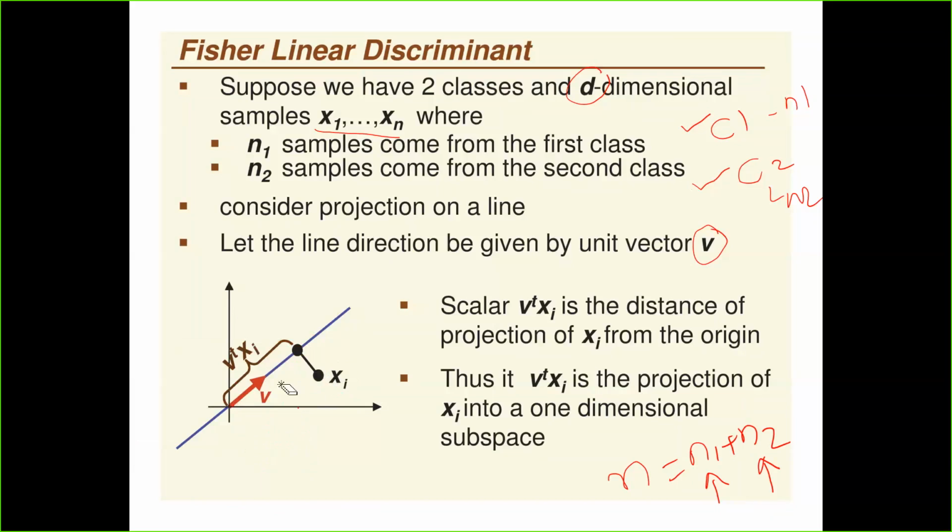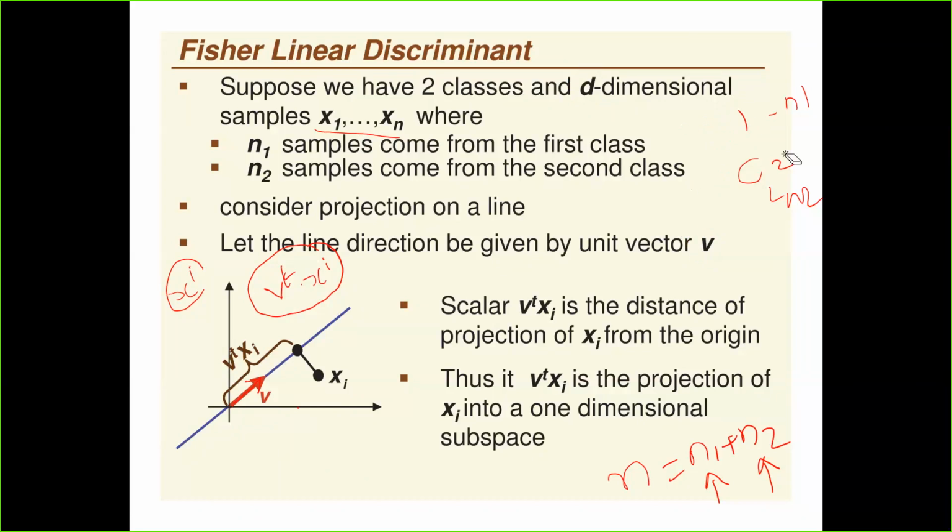So if x_i is the original point, V transpose x_i is the projected data point. Clear? Yes, sir.